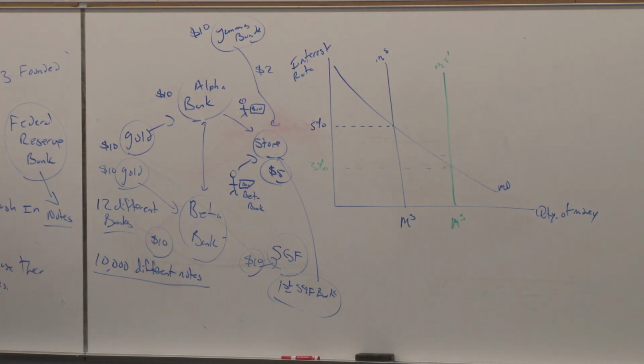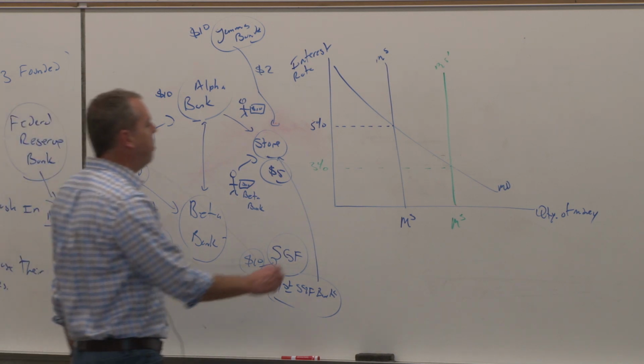And at this 3% level, the quantity demanded of money is going to increase. If interest rates are going down, investment is going to go up. Consumption will increase. As people say, hey, the car loan was 5%, now the car loans are 3%, they're more likely to buy a car.